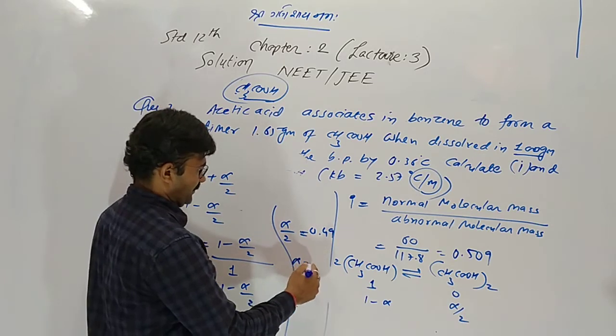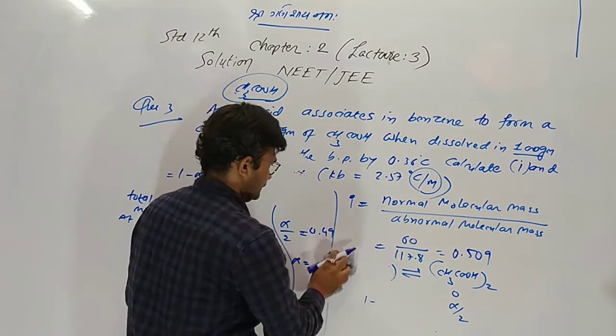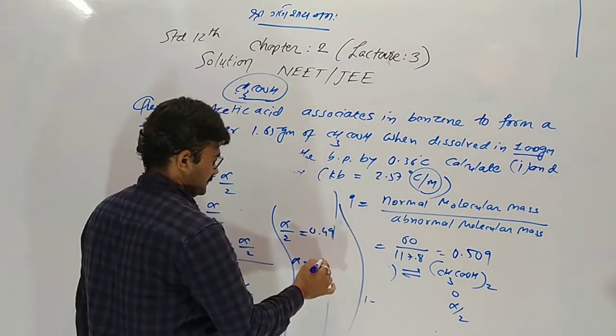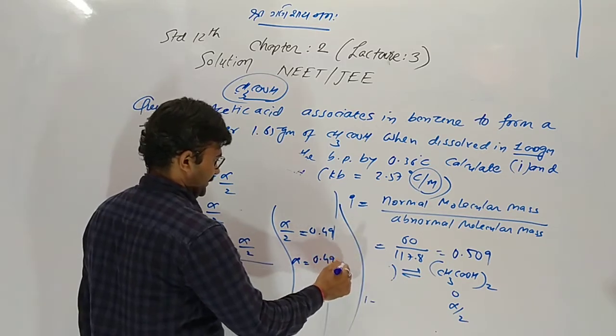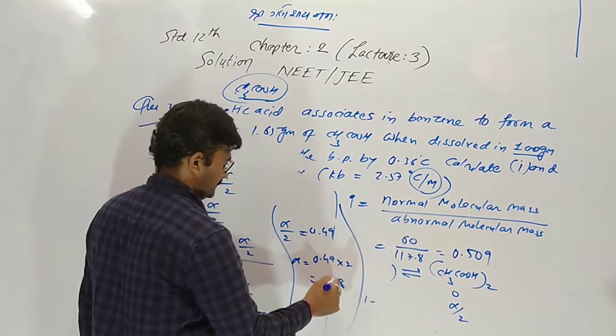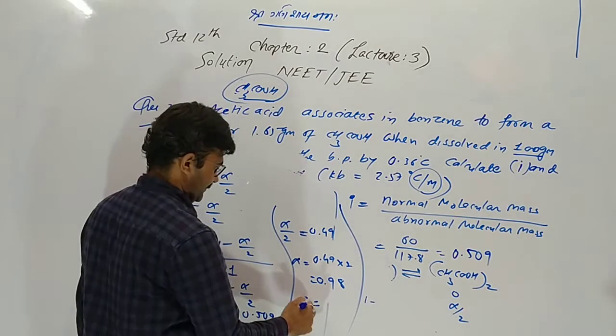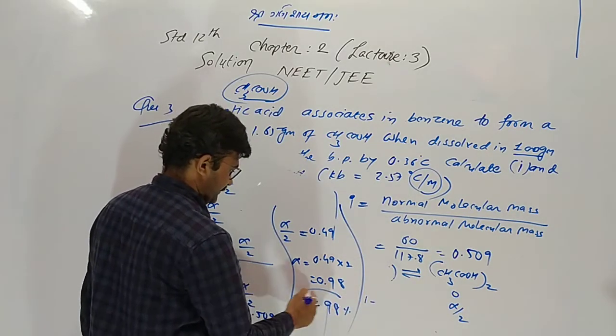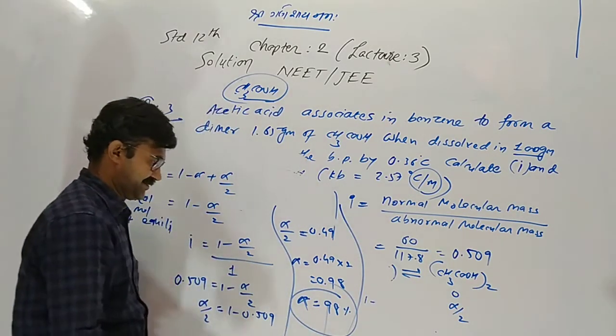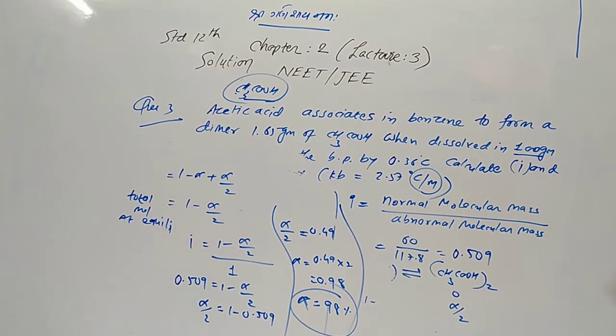So 0.49 multiplied by 2 is 0.98. Divide by 100 for percentage. So 98% association occurs. Value of alpha is 0.98. Value of i is 0.509. Understood?